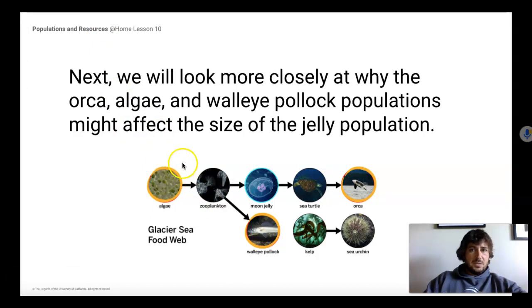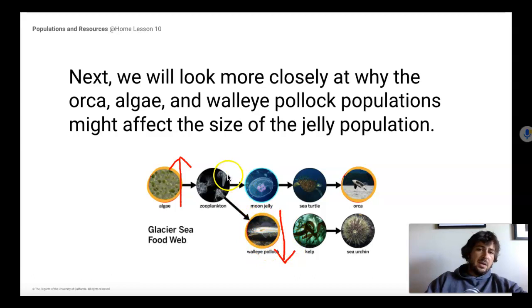There's a few things you could do. You could maybe increase the algae. Increasing the algae would increase the zooplankton, that would increase the moon jelly. Also, maybe you could decrease the walleye.